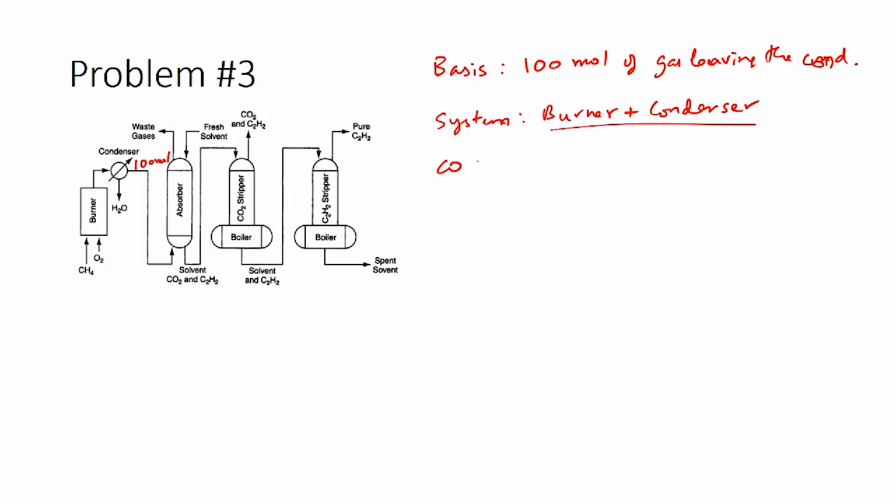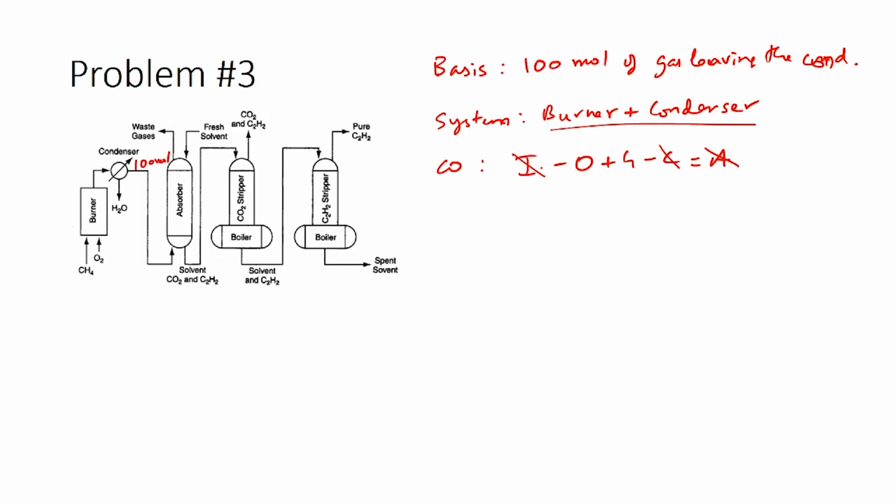The first component balance we can write is the CO balance. It would be input minus output plus generation minus consumption equals accumulation. At steady state there will not be any accumulation. CO is being generated, it is a product in one of the reactions. So, there is no consumption of carbon monoxide, there is no carbon monoxide entering the system, it is only methane and oxygen entering the system.